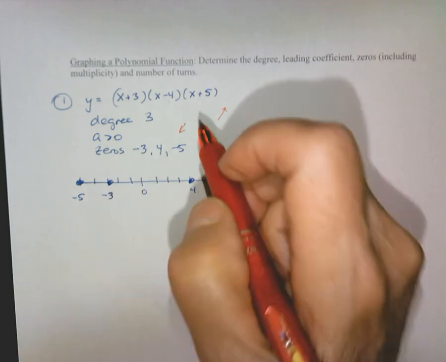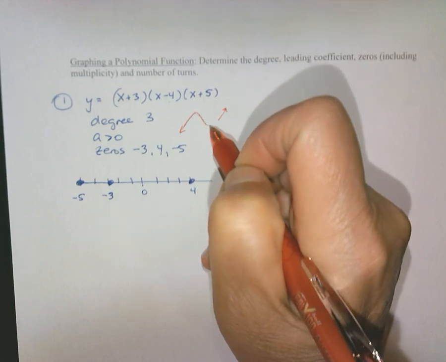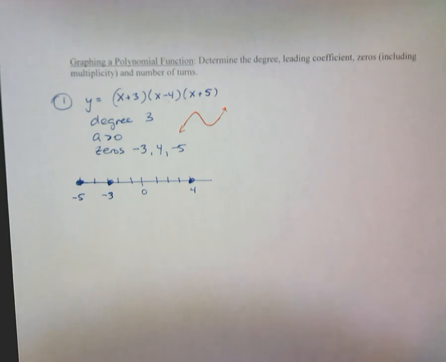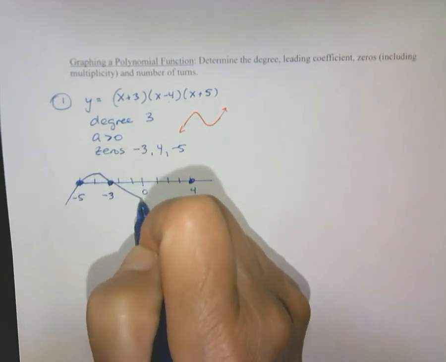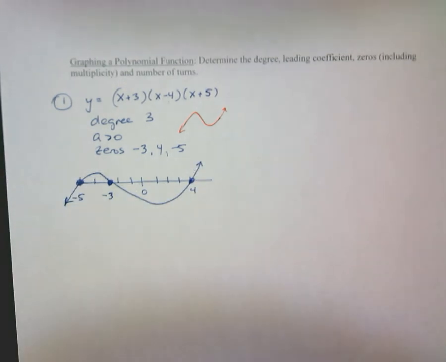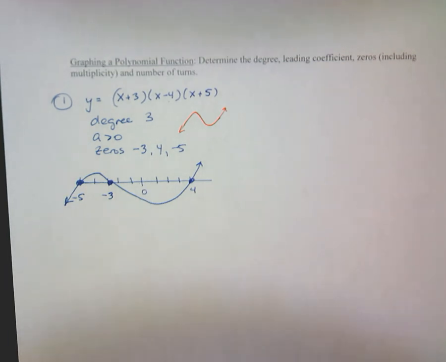It's got to go through all 3 places. So it's going to have 2 turns. It's going to turn this way, and it's going to turn this way. But it can only go through these 3 points. So it's just going to do this. And I don't care how high or how low. That's why I don't want you picking up a calculator. I just know that it's going to have this general shape, and this is what it's going to look like.